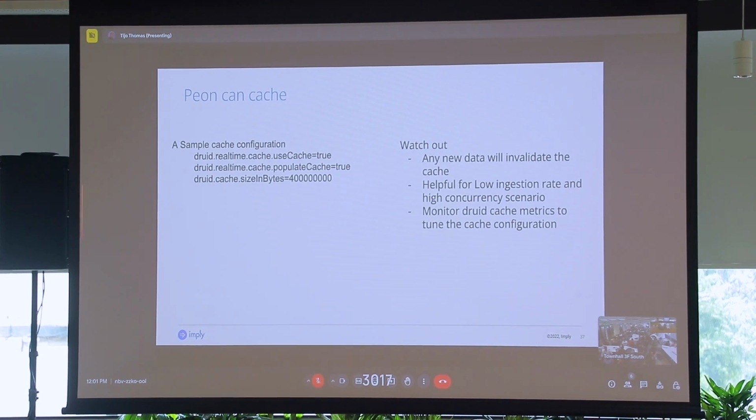But assume you have some data coming in and you need to keep it in memory for, let's say, 5 minutes, or not even 5 minutes, even a couple of seconds is fine for caching. Let's say your ingestion rate is pretty small. It makes sense to use query caching. Segment caching.